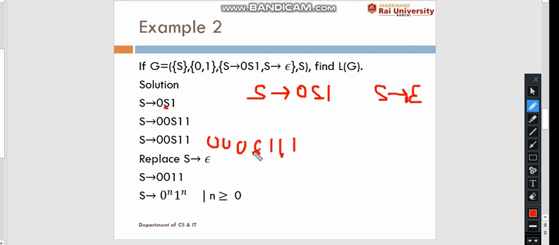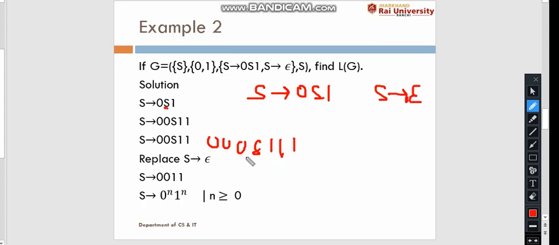In the same way we can continue up to n times. Now finally, instead of S, because we don't want any non-terminal on the right hand side, we have to remove each variable from the right hand side. So instead of S, I will write epsilon. Epsilon means nothing.